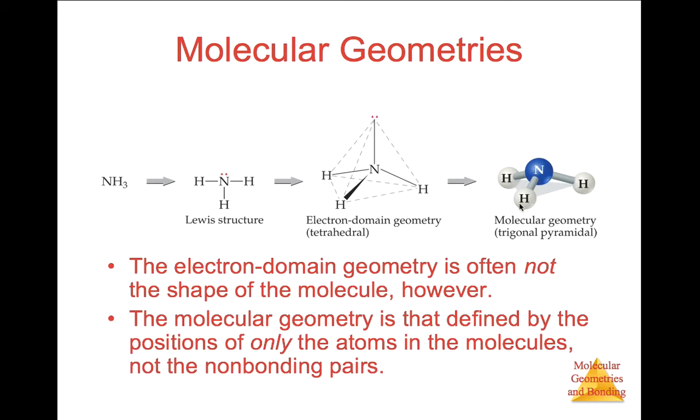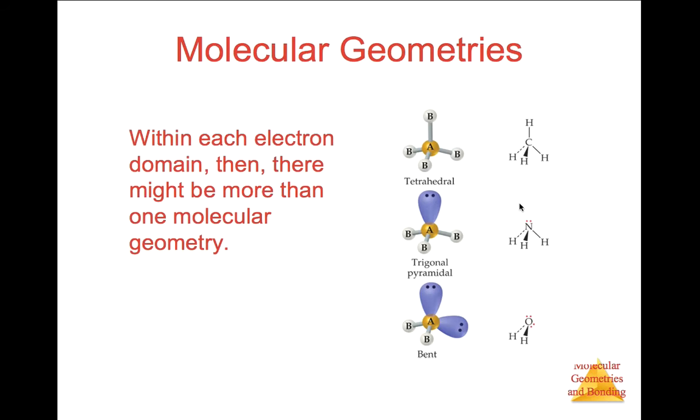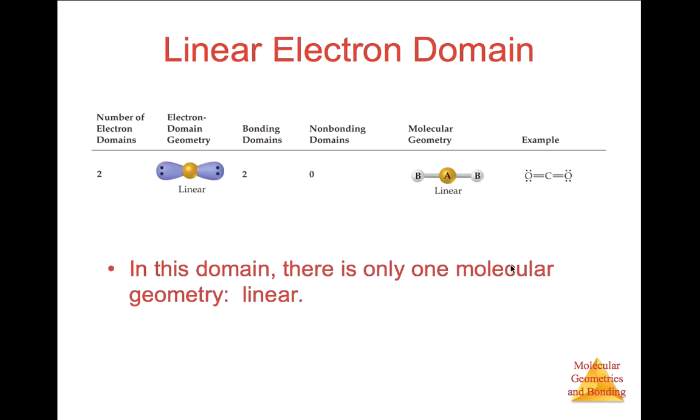We'll talk about that as we go and look at each one of the molecular geometries. Within each electron domain, there might be more than one molecular geometry, depending on how many shared and unshared pairs of electrons we have. Here we have 4 shared pairs. Here we have 3 shared pairs, 1 non. Here we have 2 shared pairs and 2 non-shared pairs of electrons, and that changes the molecular geometry.